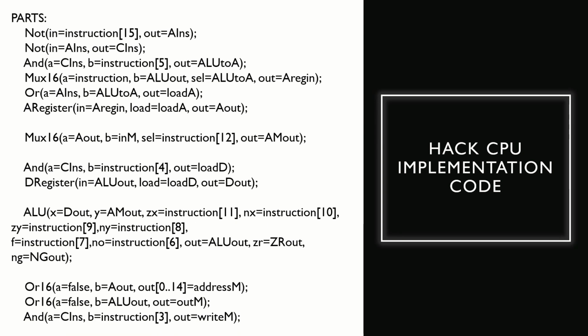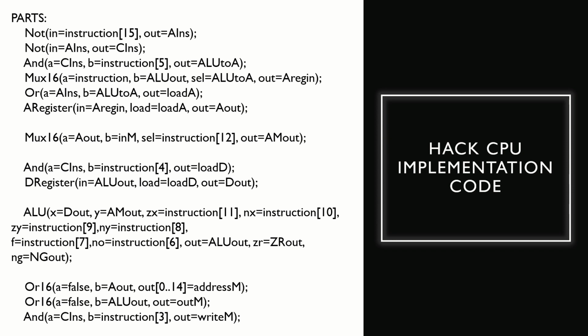The first NOT gate is used to check if the instruction coming into the instruction memory is an A instruction or a C instruction. The next one tells if the instruction is a C instruction or not. Then the AND gate checks if the output of the ALU is to be stored in the A register, which will happen if it is a C instruction and its first destination bit is 1.